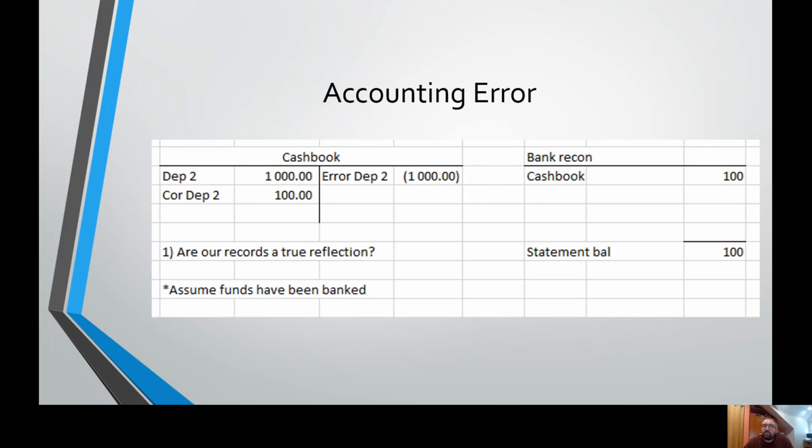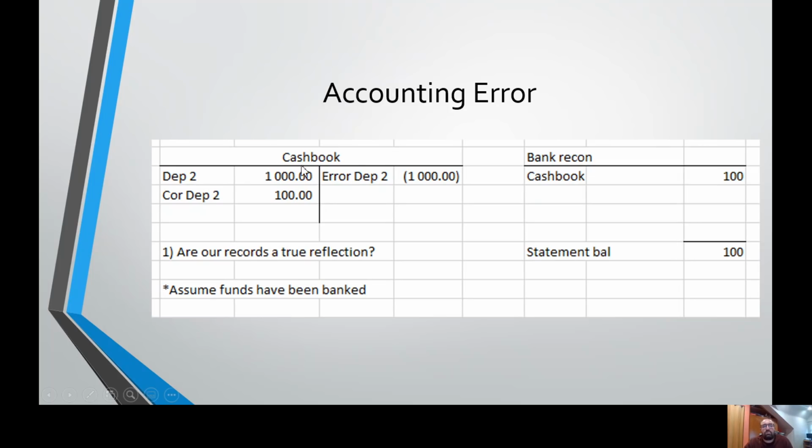Sometime later, I pick up that I have made this error. Now, if I have made the error and showed it as a 1,000 Rand deposit, are my accounting records a true reflection of what has happened? And the answer is no, because the client did not pay 1,000 Rand. So because it's my error, I need to correct that error.